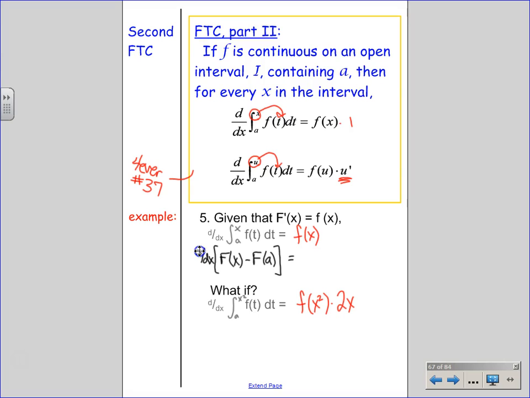Just notation-wise, couldn't I change the definite integral to be the antiderivative of the top bound minus the antiderivative of the bottom bound? Do you guys agree? For any definite integral they give me, with any function inside, I can always say, whoever you are, your antiderivative at b minus your antiderivative at a, with the x in the b spot and a in the a spot. That's what would result, even if I don't know how to find you by hand.